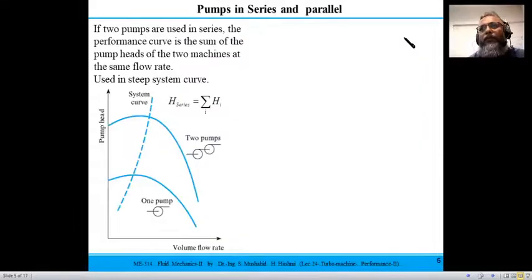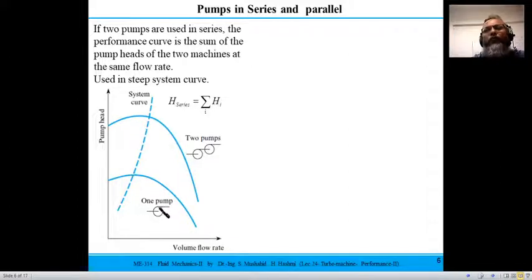Okay, so there is a possibility of using pumps in combinations. For example, if you're using a single pump, you have this typical performance curve. This is your pump head, and this is your volume flow rate. This is your so-called shut-off head, where volume flow rate is 0.